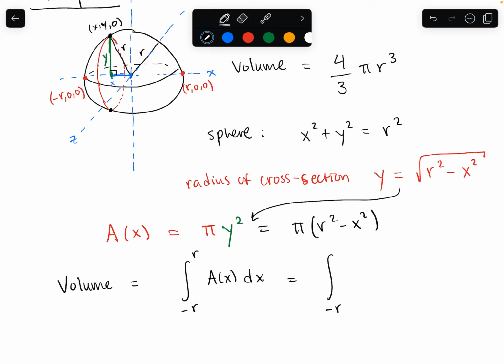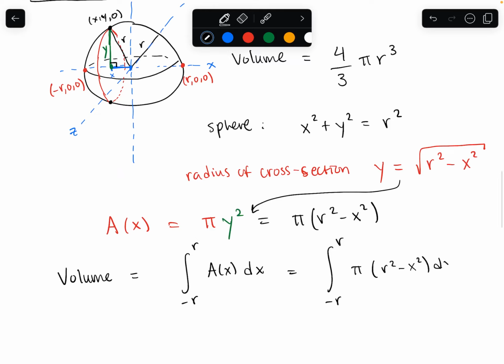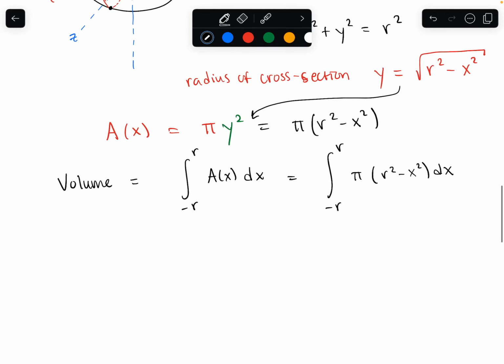Now I just plug it in. Integral from minus r to r of pi, the radius of the cross-section squared, if I'm being precise, r squared minus x squared, dx. And now we are just computing this integral with respect to x.